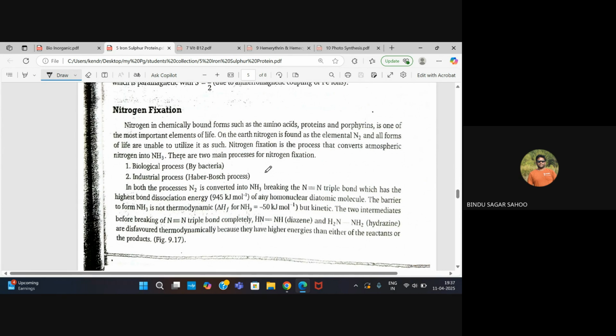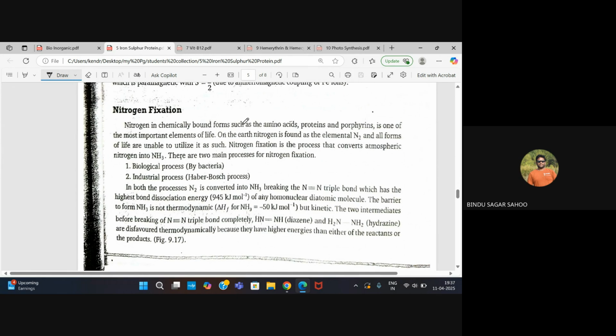Then it can get converted to the porphyrin ring, to hemoglobin, to amino acids. Most of the important elements of life are available in the form of amino acids, proteins, and porphyrin rings.